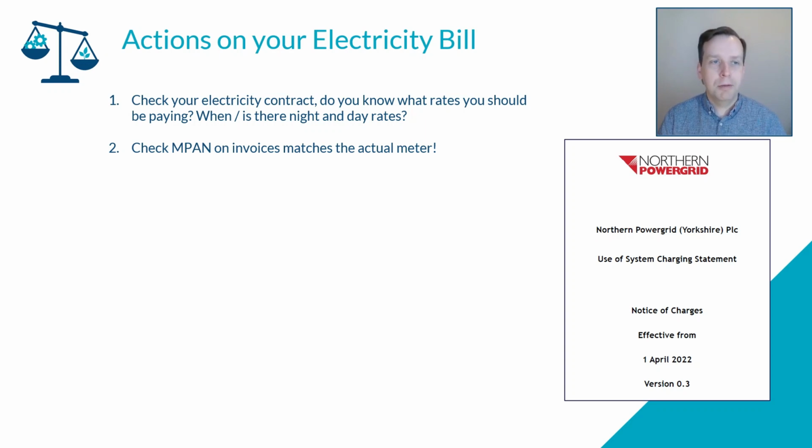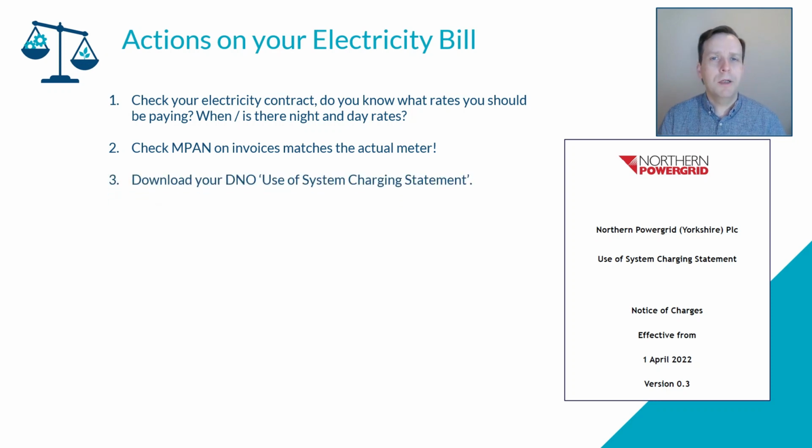Now this is pretty basic, but has your local electricity company got the right meter? It should be, but we have encountered instances of people being charged for the wrong meter, and a simple tick, look at your meter, look at your bill, and just make sure they're matched up.